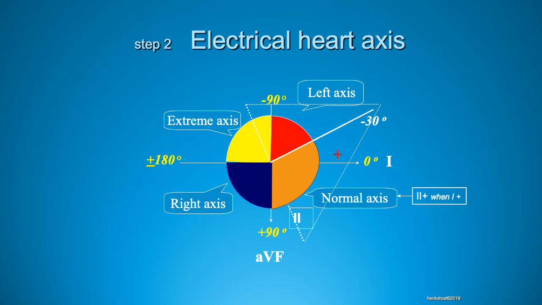And when the electrical axis is positive in 2 by positive deflection in 1, we have a normal axis. And when it's negative in 2, when 1 is positive, then we have a left axis. So lead 2 differentiates between normal and left heart axis.